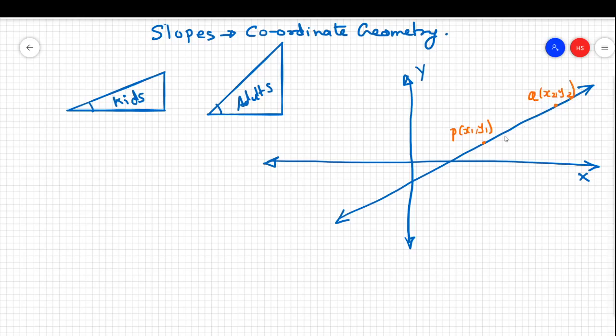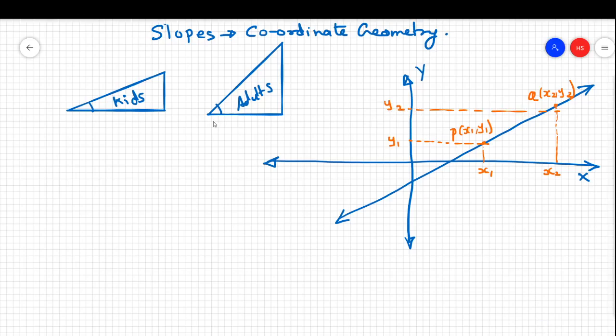Like this is now x1, and this will be y1, and this will be x2, and this one will be y2. Now what do we understand by slope here? What does the definition of slope state in coordinate geometry?